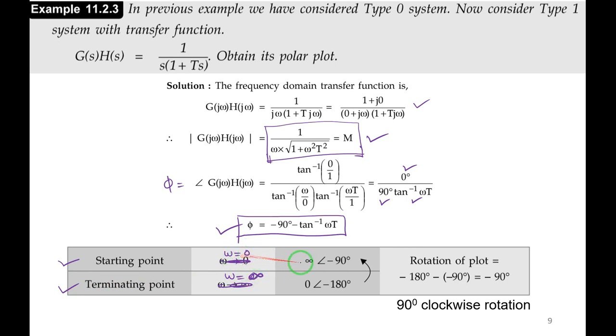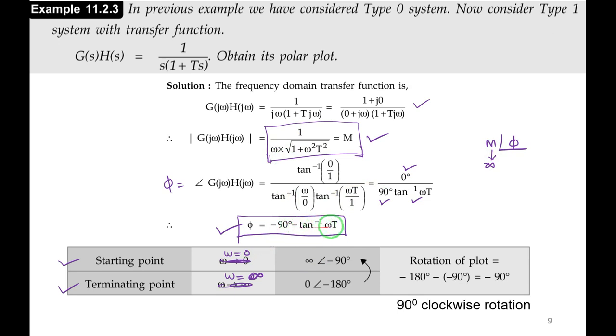For omega equal to 0, what is the magnitude? We write it as magnitude at an angle of phi. First we'll calculate the magnitude and angle. Omega equal to 0. Substitute 0 here. Anything divided by 0 is infinity. So the magnitude is infinity. Next, we will calculate the angle for omega equal to 0.